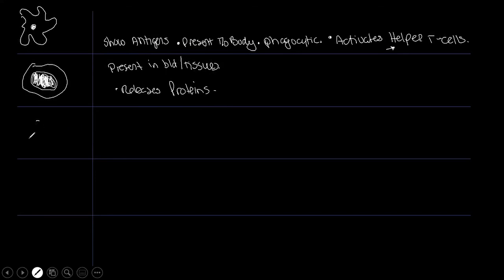How about our basophils? So our basophils are very similar. They are also a very large nucleated cell, except a bigger difference here is they also have what we call granules kind of interdispersed throughout its cytosol. And basophils are present in the blood only.